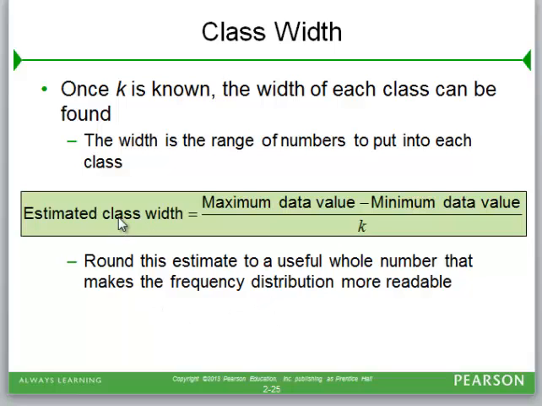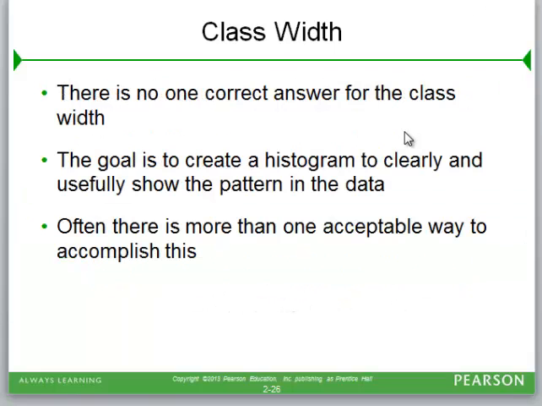For example, if we get a class width of 87 or 92 or something like that, we round it up to 100 to make the frequency distribution more readable. Here is a reminder that there is no one correct answer for the class width. Usually there is more than one acceptable way to do it.